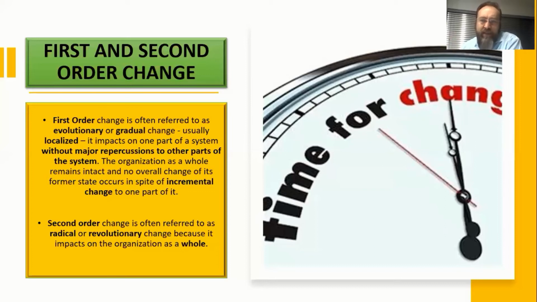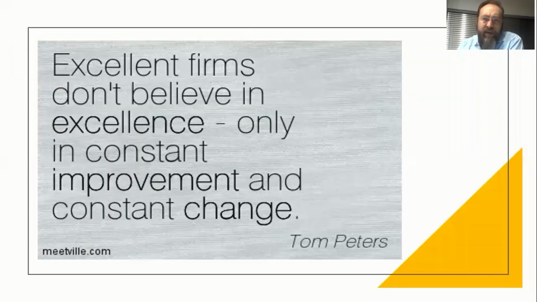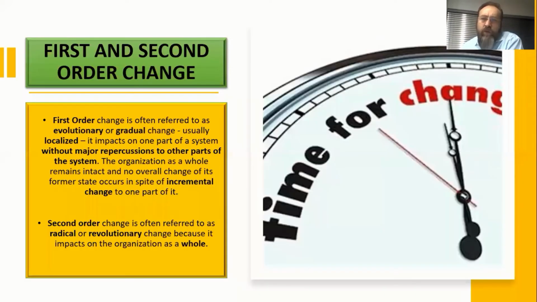So in summarizing, I think it's very clear that during times of radical change, during a time of crisis, we could describe that as either a whitewater rapids, or we could describe that as a second order type of change. So one of the learning activities, in fact learning activity one, the question that I'd like you to look at is to give me your perspective as to what your change management experience is.